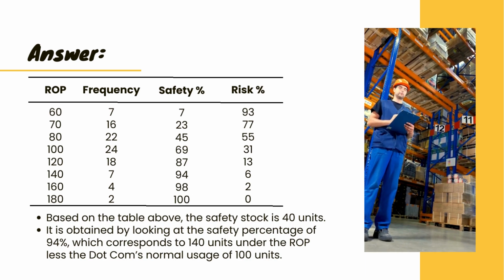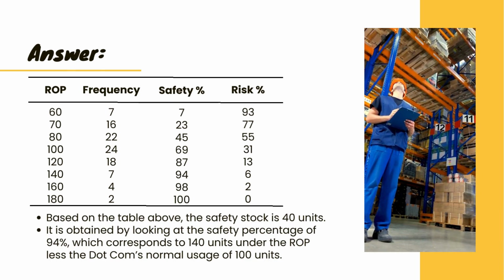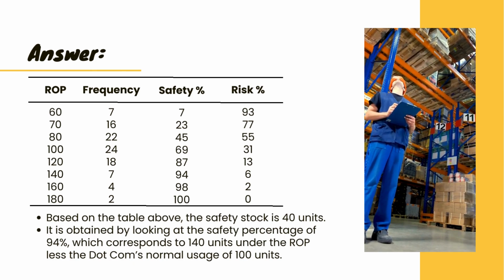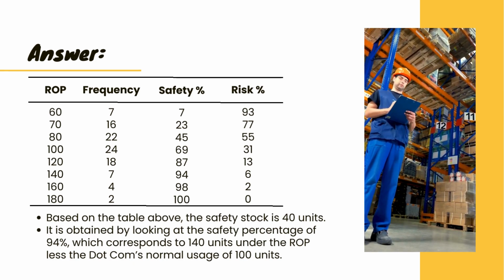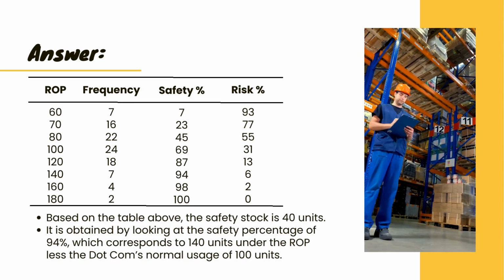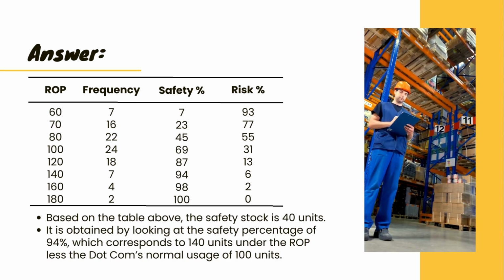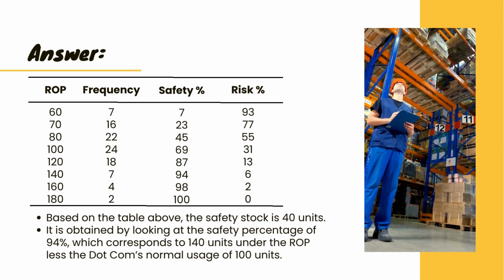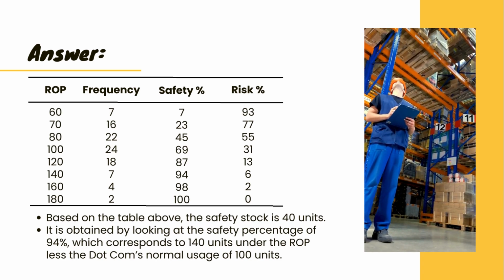Yung 7% na inadd natin sa 16% chance of occurrence ay ganon dahil yung ROP na sa 70 units, it can also cover the demand for 60 units, yung previous.